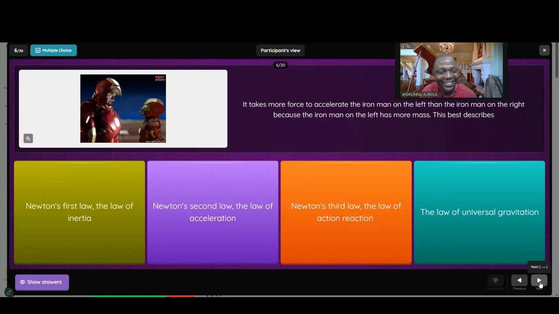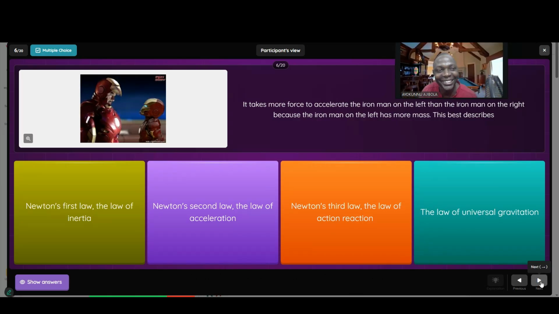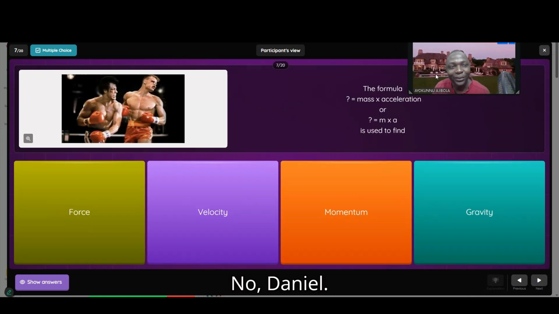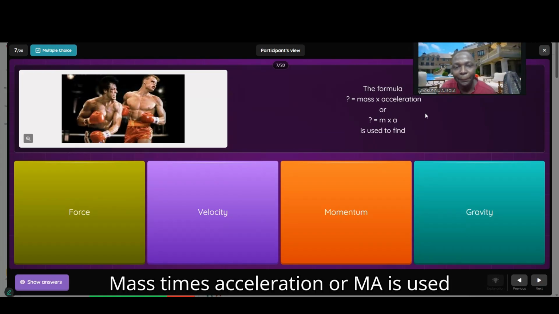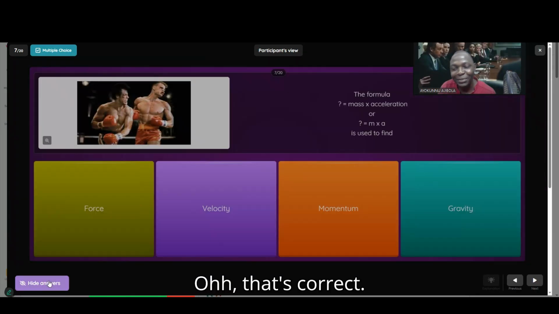Whether she was sure or not, she gets it. Now, Daniel, the formula mass times acceleration, or MA, is used to find what? Force. That's correct.